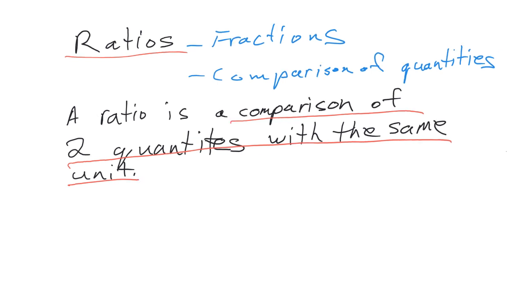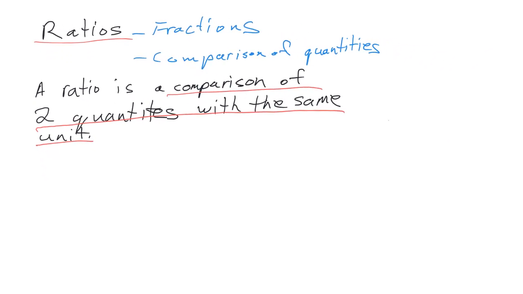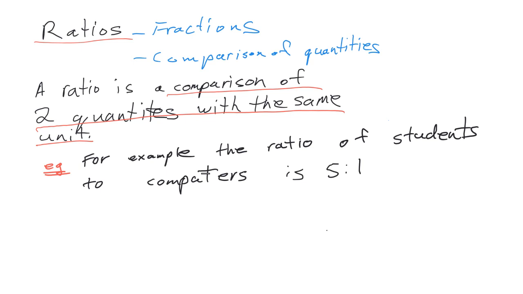So now, when we consider this, I'm going to give you an example of how we would come up with a ratio. So for example, the ratio of students to computers is 5:1.